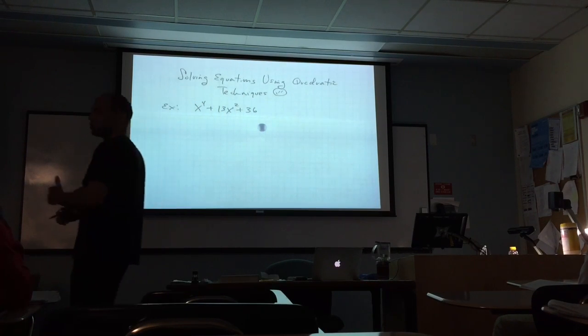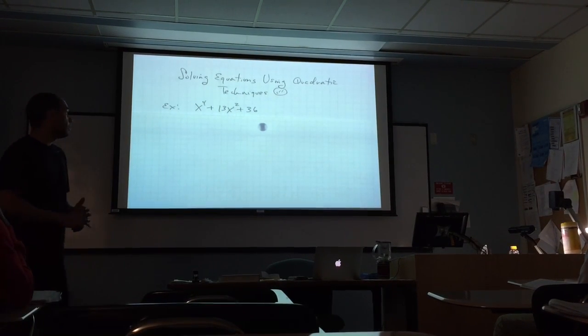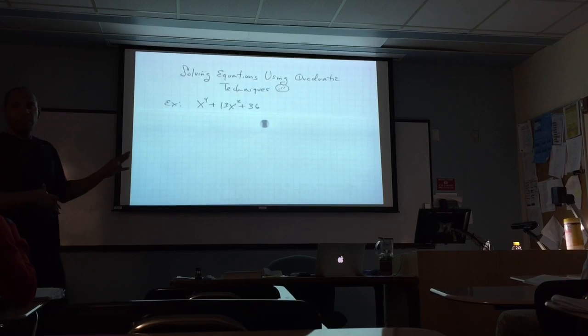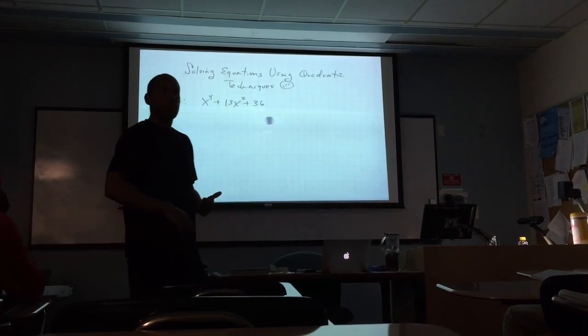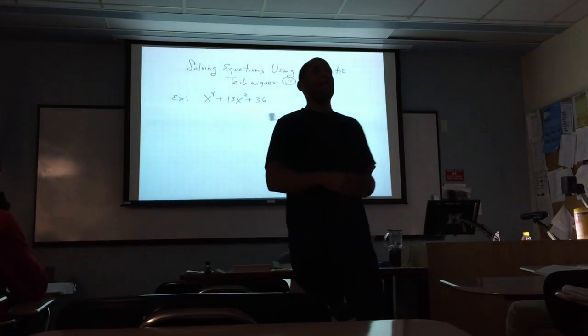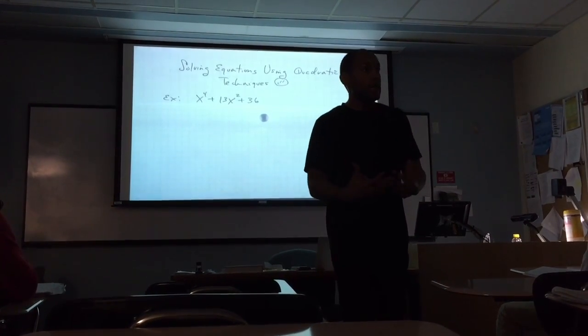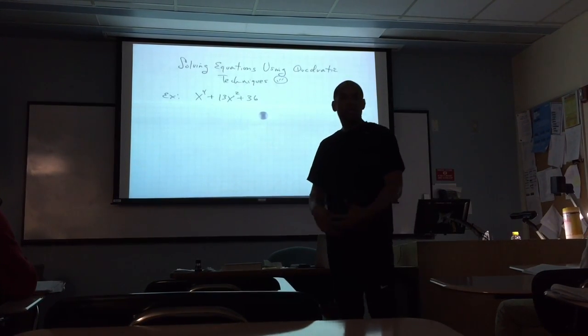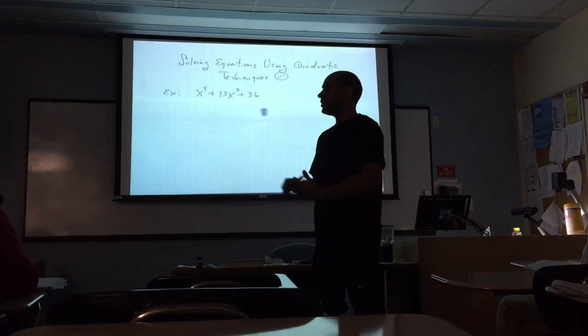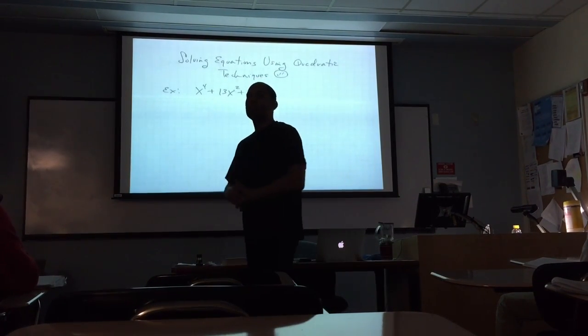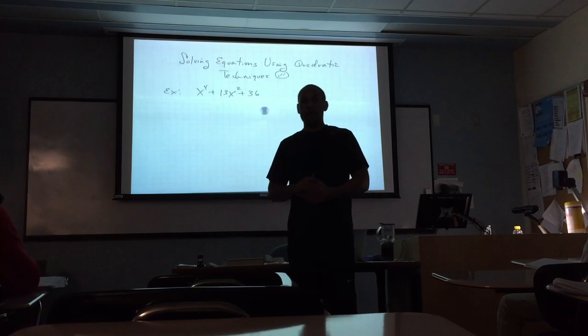What we're going to discuss today is basically treating these as quadratics. What do we have to gain by treating these as quadratics? The whole process becomes much more efficient. It becomes easier for us to manage and handle this type of equation if we treat it as a quadratic.